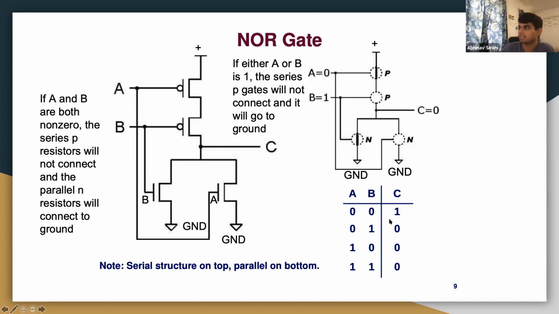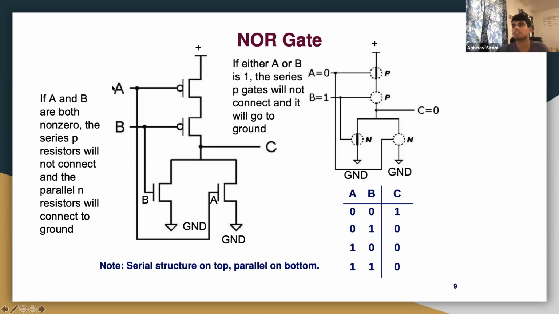For the NOR gate, just like a NOR function, it only returns a 1 or positive voltage when both inputs are 0. So let's think about that in terms of this circuit.